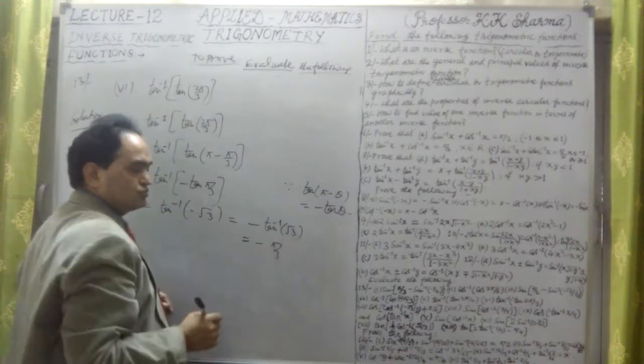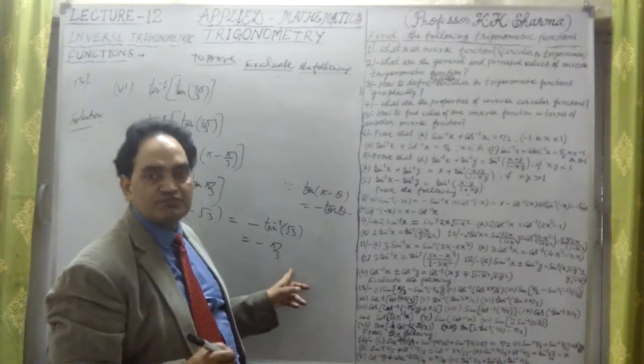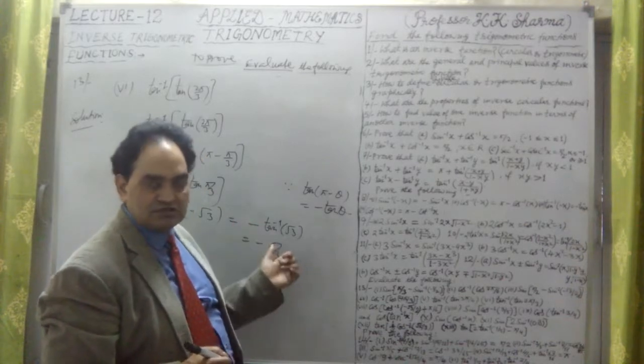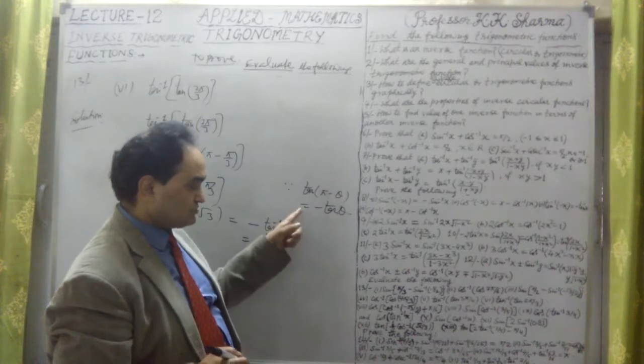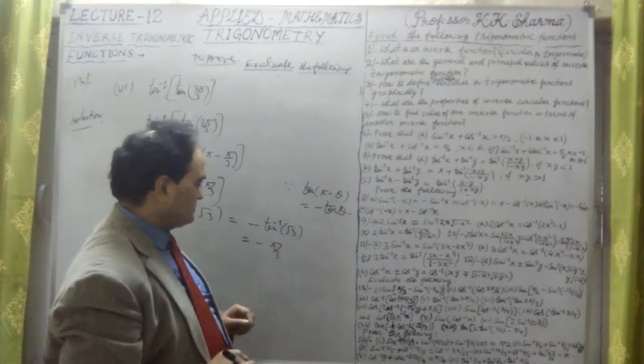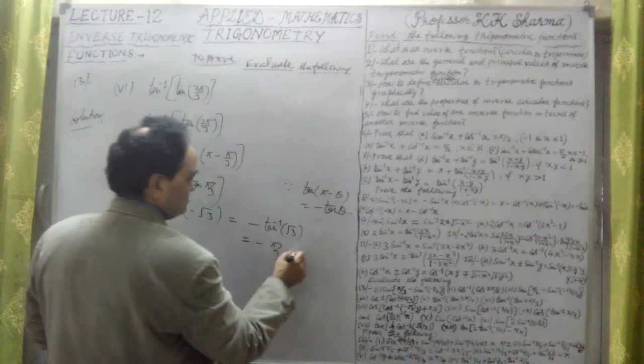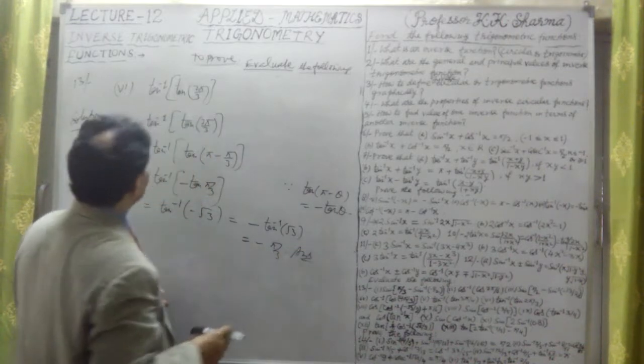Tan inverse of root 3 is pi by 3, so this is the answer, minus pi by 3. A negative value is coming, no problem.